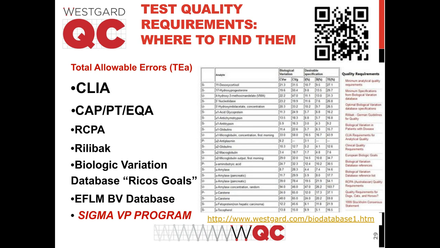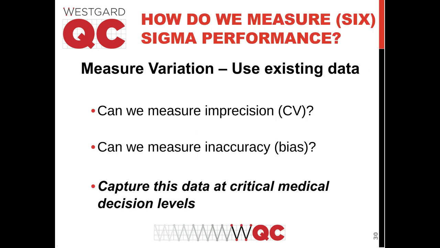Those tell you how good your tests need to be. In order to understand how good you actually are, so you have a target, are you hitting the target? Well, for that, you need 2 more pieces of information. You need your CV and your bias. And you need to capture this at your most important medical decision level.